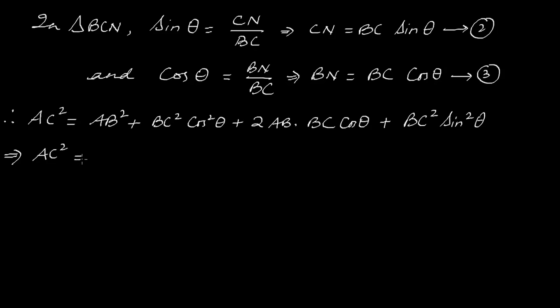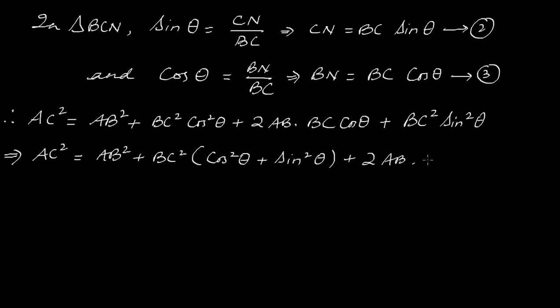So AC square, this will be what? Can I do one thing? Can I group? I have BC square here and BC square here, I can take common, right? So BC square, and then inside of the bracket you have cos square theta plus sine square theta, plus 2AB BC cos theta.